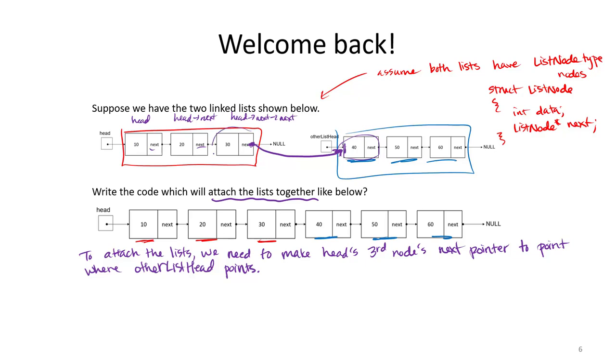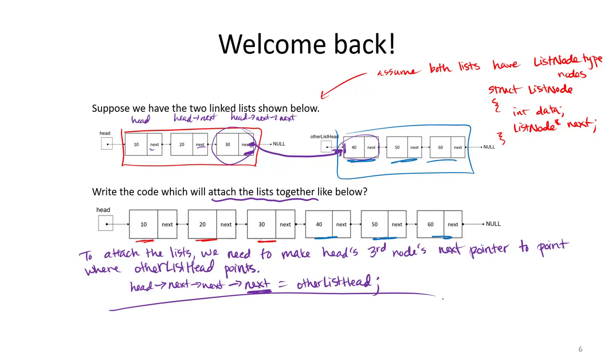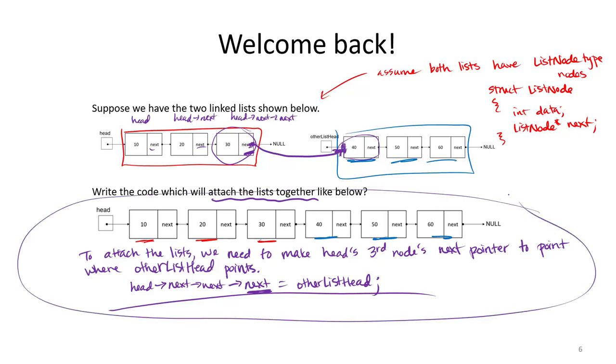So in this case, we want to go to our third node, so we'll go to head arrow next arrow next, and we want to modify the next pointer. So I'm going to take this next pointer and make it point where our other list head points. That's all there is to it. If we make this pointer point over here, then our two lists will be connected.